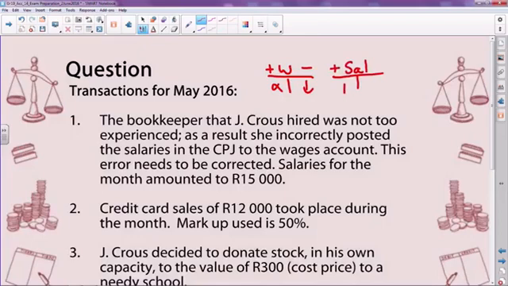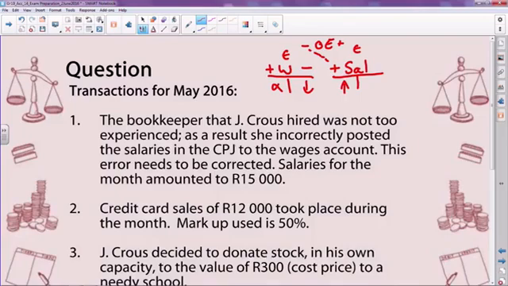So salaries needs to go up. But now remember, both are expenses. So we need to go to the owner's equity column and say minus plus. Now remember, here owner's equity is going up because it decreases, but here owner's equity is going down because the salary is more and expenses that increase is negative for my owner.